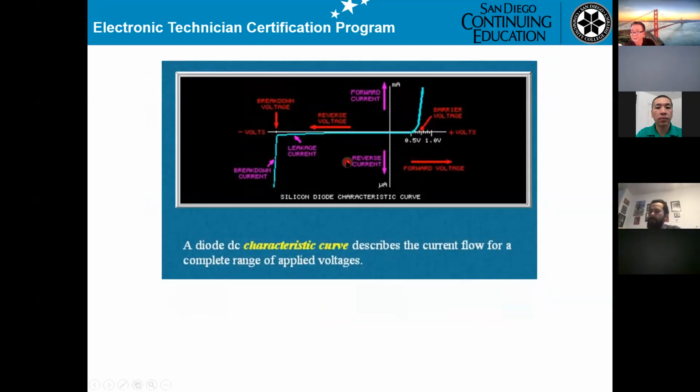They're talking about the characteristic curve for the diode. One more time, this stands for diode current, and that one stands for diode voltage.